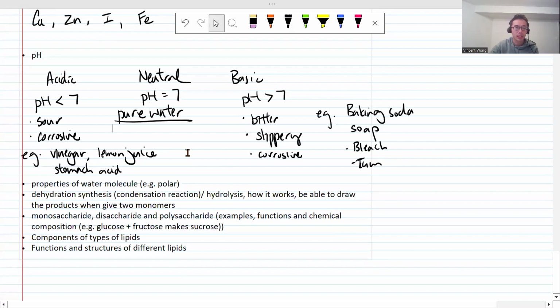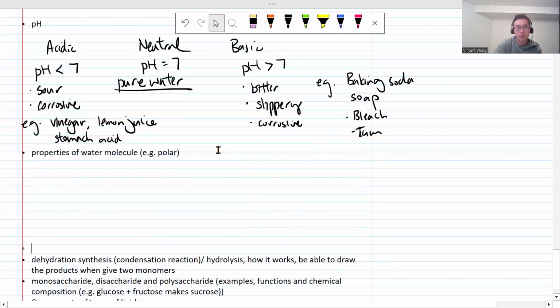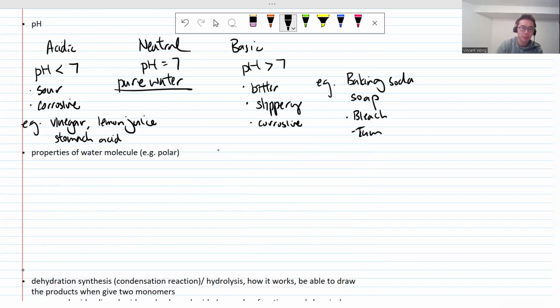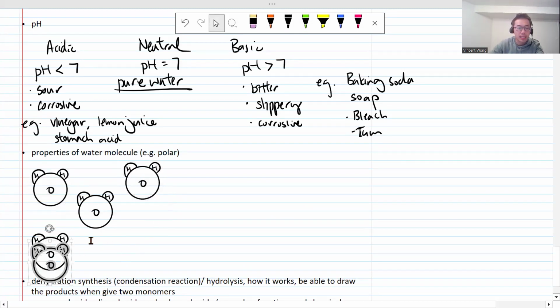Talking about water, we spent quite a bit of time describing the properties of water molecules. You should know that a water molecule is made up of oxygen as well as hydrogen. And what's really interesting about water molecules is that when you put a bunch of them next to each other, there's going to be attraction between them.